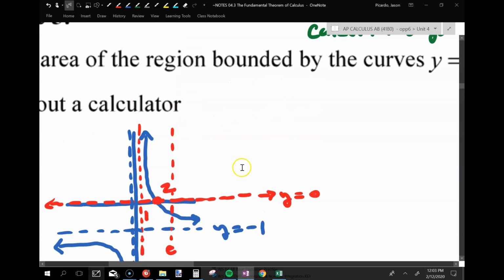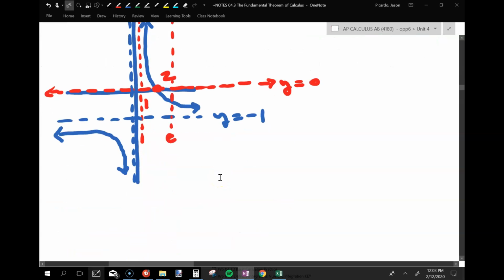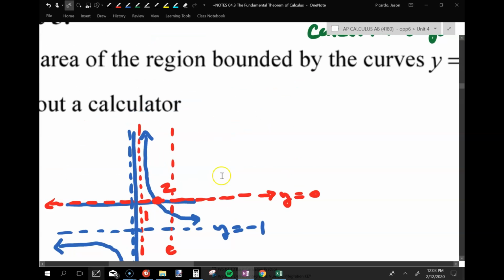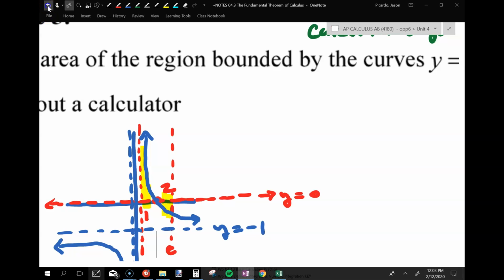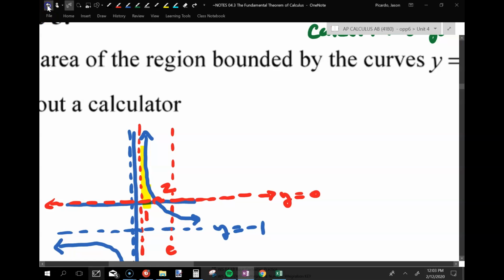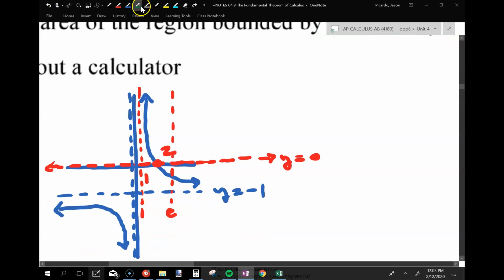Is my curve going to have some regions bounded? We have a little piece right here, right? And then we have this little piece right there. I sort of over highlighted all that. Let me try that again. I'm going to have this little piece here and this little piece here.